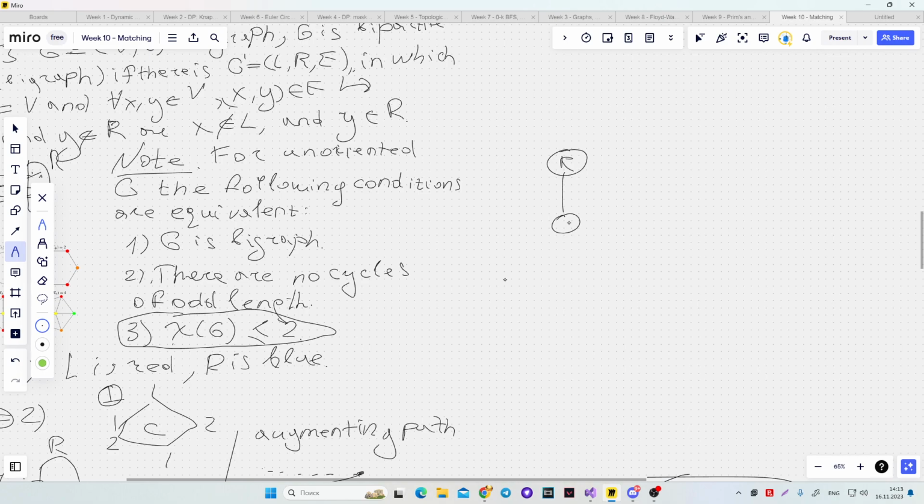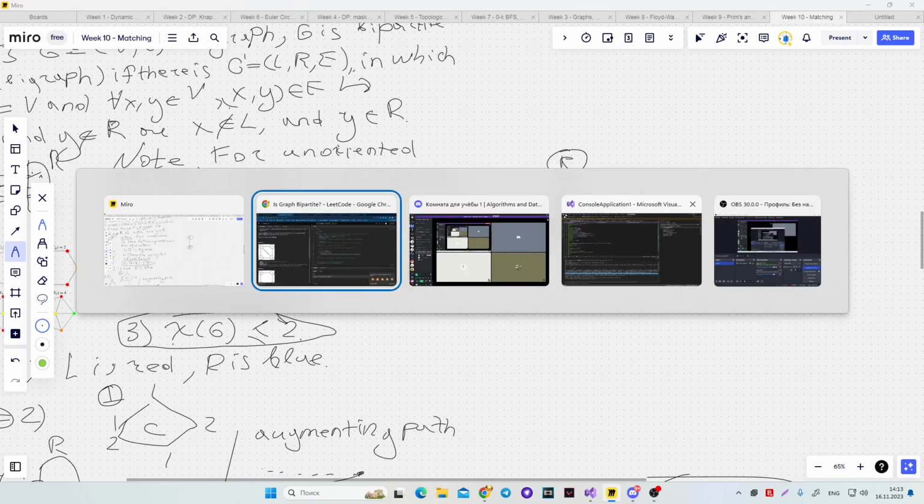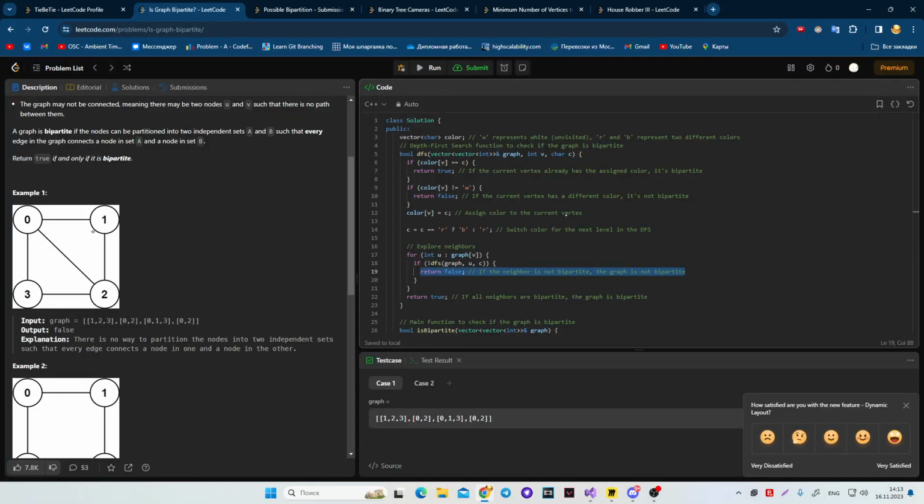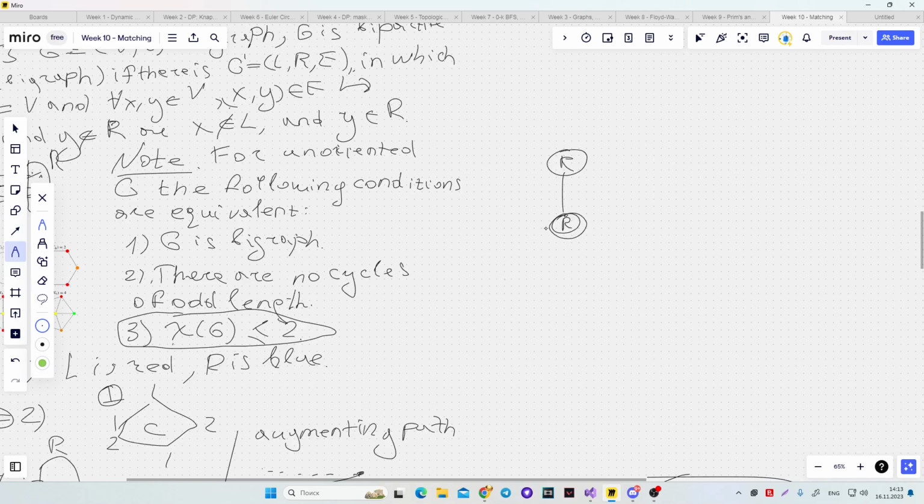When we enter our current vertex, we check that the previous vertex wasn't the same color that we want to paint it.